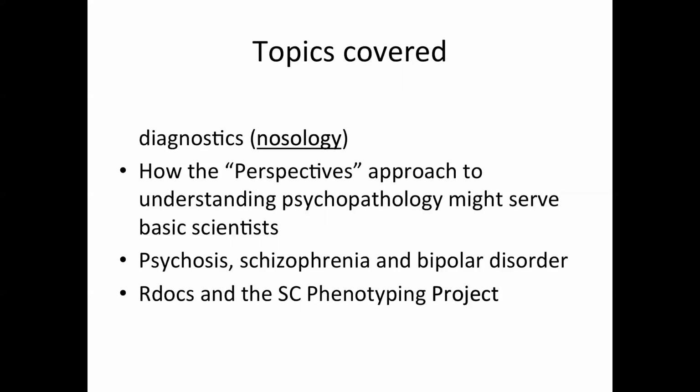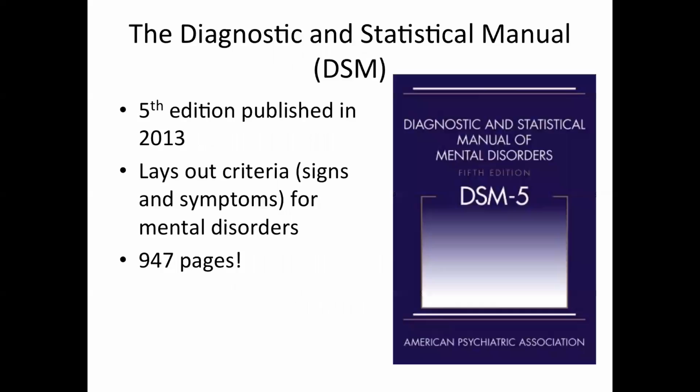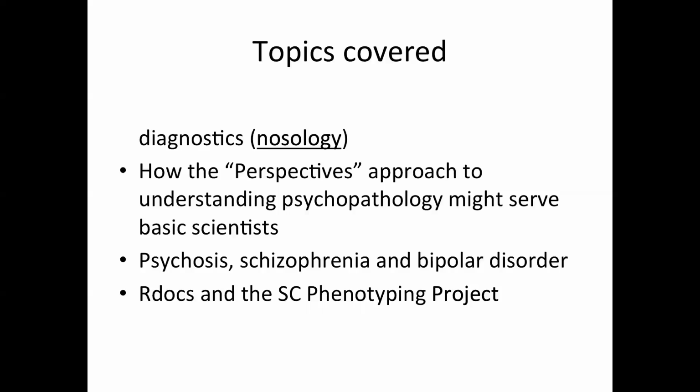I want to introduce this concept of the perspectives approach to understanding psychopathology. It's essentially a way of organizing one's thoughts about different forms of psychopathology that I learned as a medical student and psychiatry resident, and I think could be quite helpful to basic scientists in formulating the most relevant biological questions about different types of psychiatric conditions.